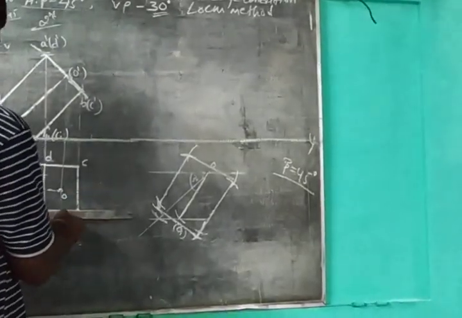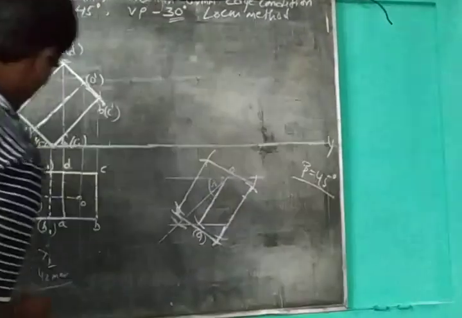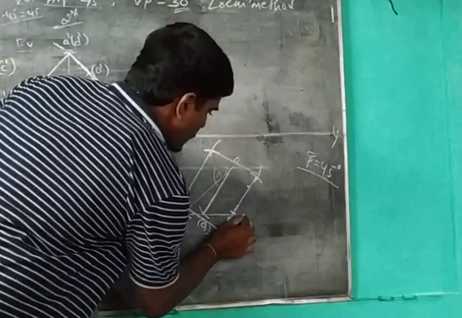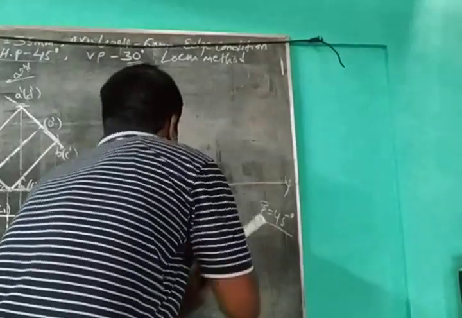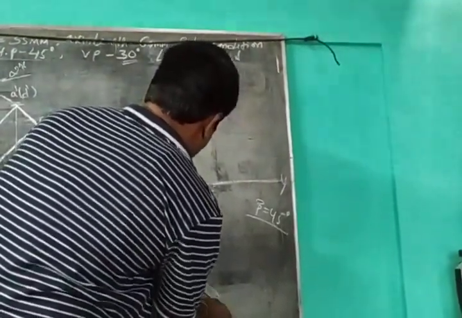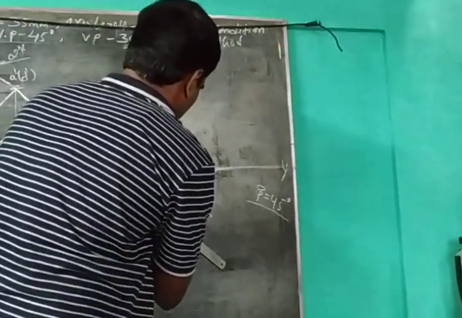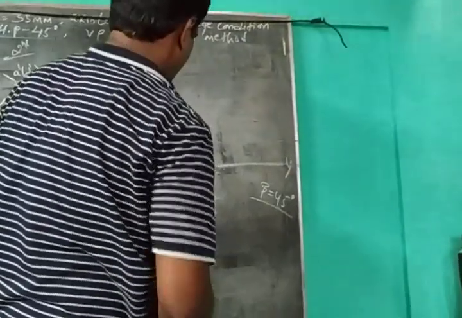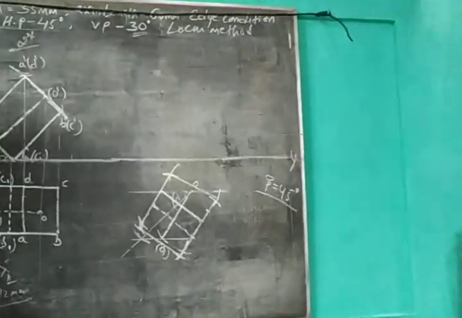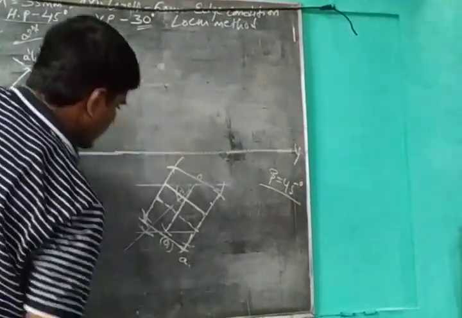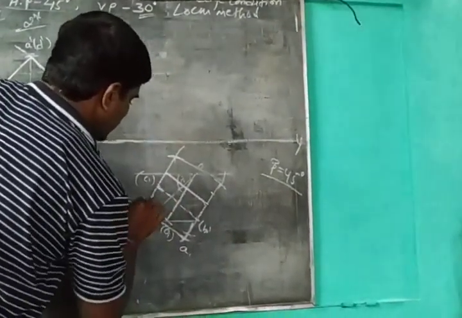So this is A1, B1 in bracket, C1 in bracket and D1.